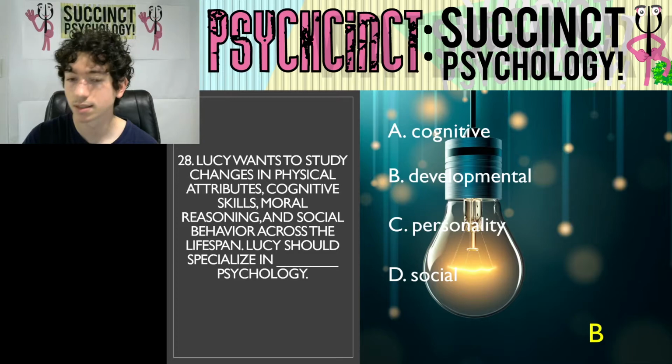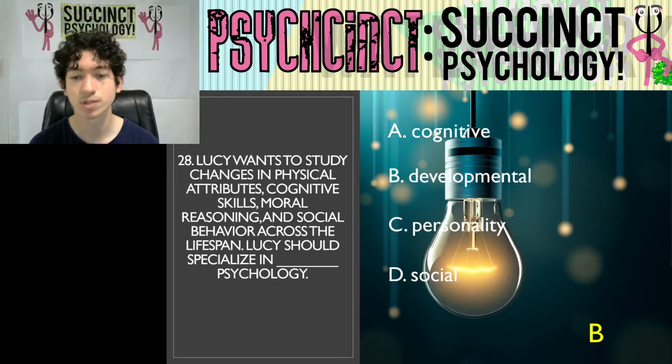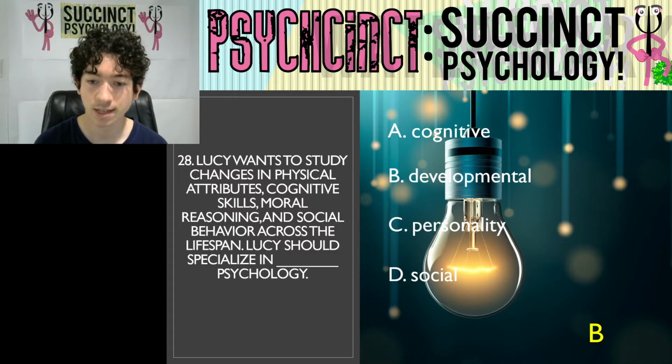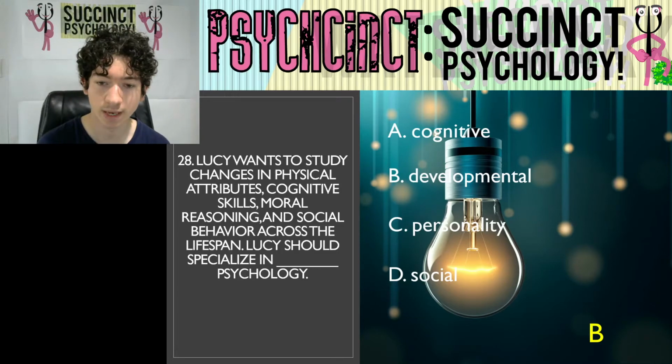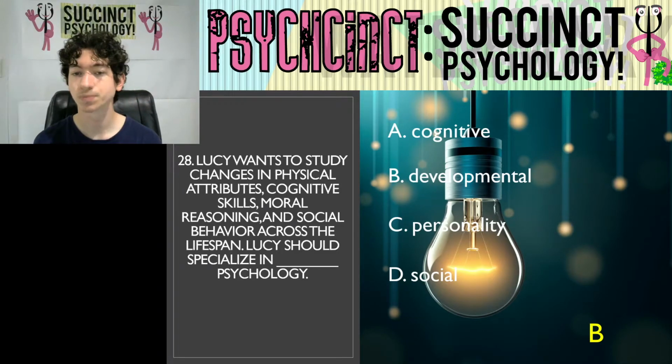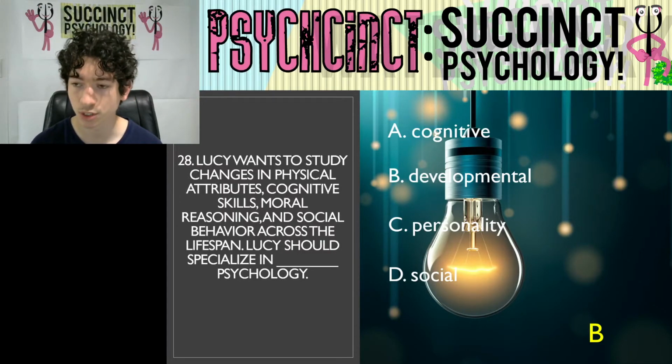You chose B, developmental psych. You are correct. Changes in physical attributes kind of gives it away as an individual progresses through their life. Changes in moral reasoning, social behavior across the lifespan. So if you look at the keyword here, change, you will understand that it is in fact B, developmental psychology.